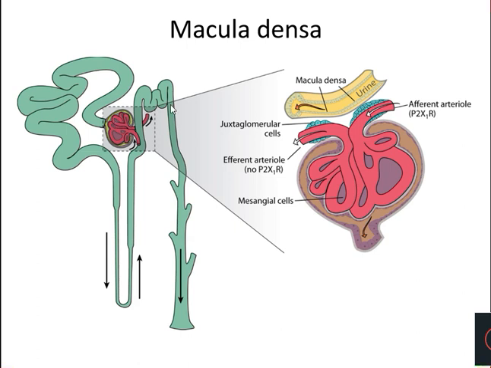But in the kidney, there will be around 1 million nephrons. They are tightly packed, so we can see that the distal convoluted tubule is very much associated with the Bowman's capsule or the afferent arteriole. You can see a region where the distal convoluted tubule is coming in contact with the afferent arteriole.